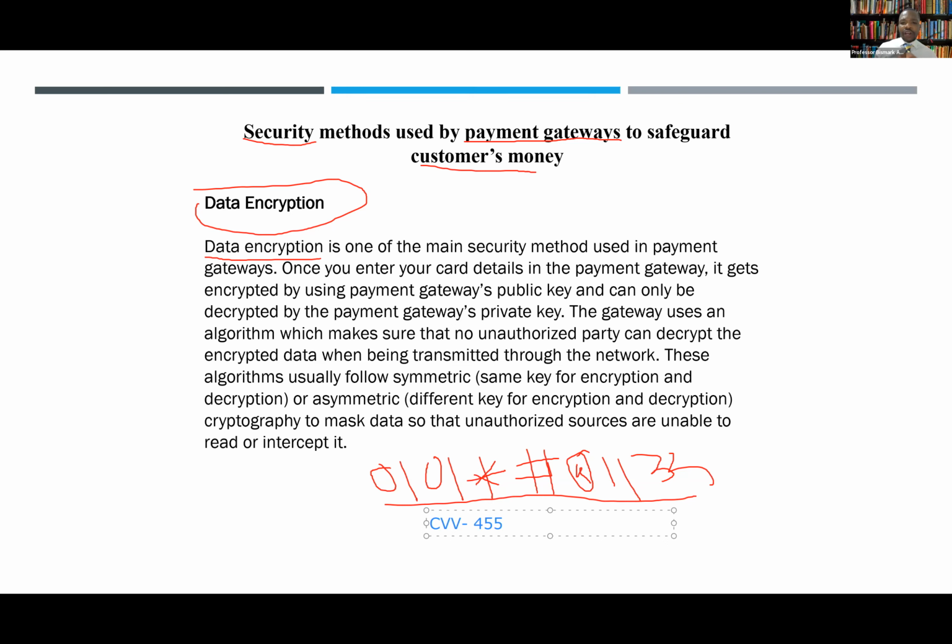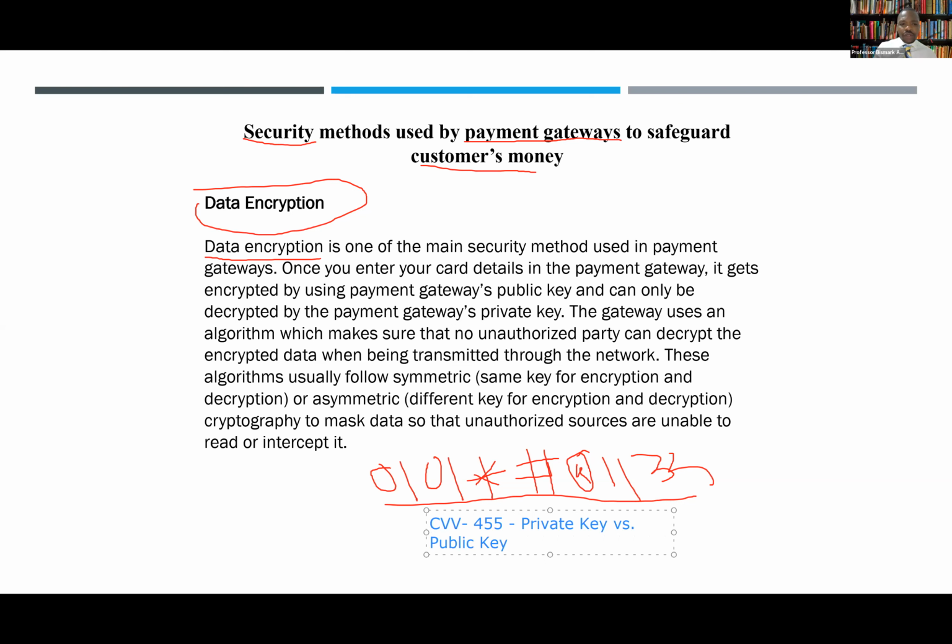So once you enter the credit card details in the payment gateway, it gets encrypted by using the payment gateway public key that can only be decrypted by the payment gateway private key. See? So private key versus public key.